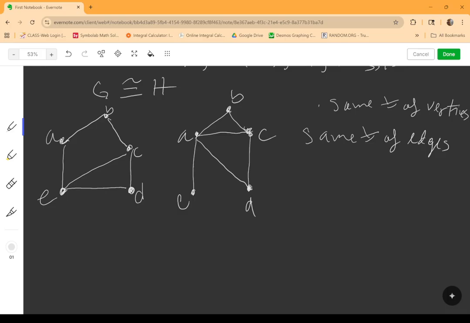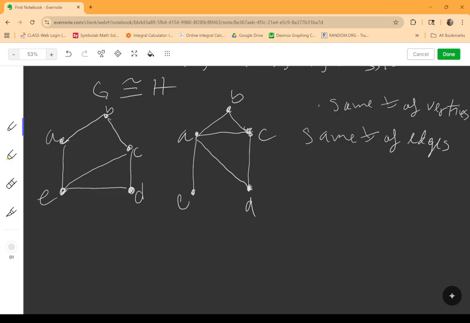Again, just because they don't look the same, and the names of the vertices are the same, but they don't look the same, doesn't necessarily disqualify it from being an isomorphism. As long as we can rename them in a certain way to generate that bijection, then it would be isomorphic. So far so good. Same number of vertices, same number of edges.